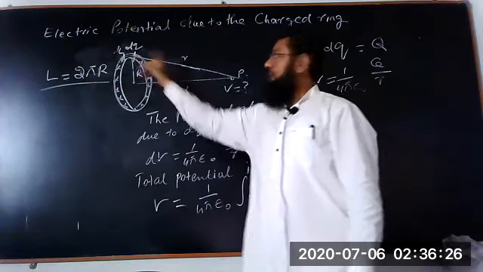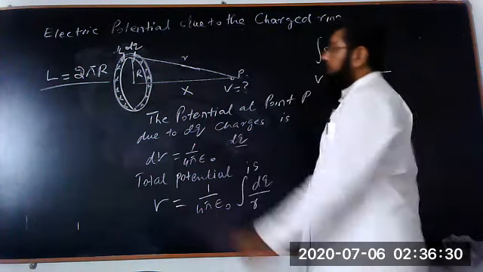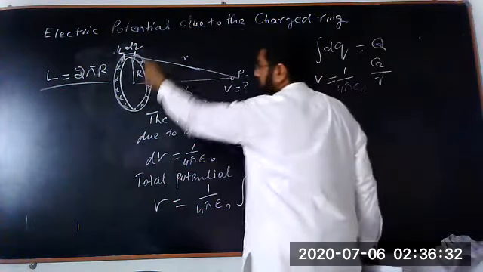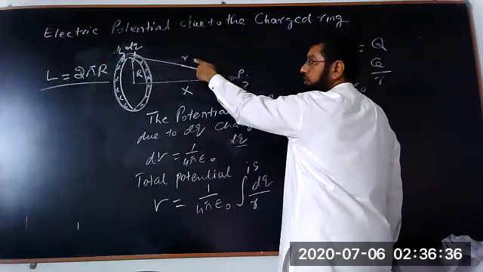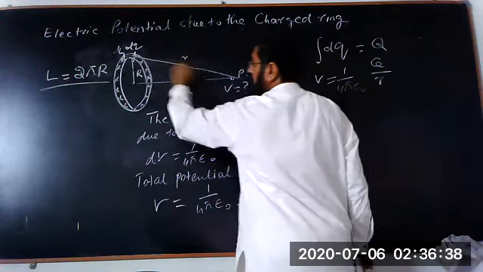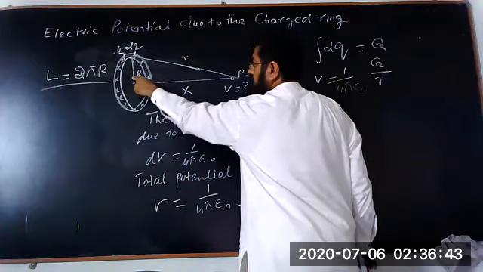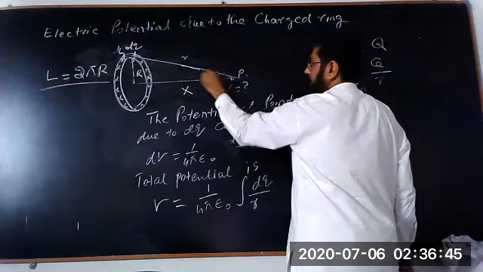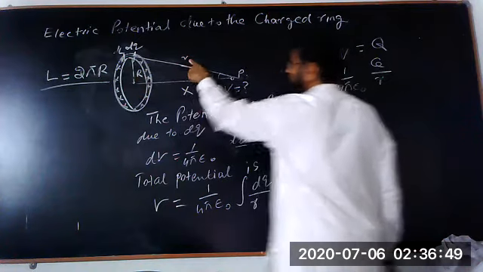So this is the triangle, and this triangle is a right angle triangle. So we have to convert this right angle triangle in which this r is the hypotenuse, this is the base, and this is the perpendicular. So this is the angle. Base square plus perpendicular square is equal to hypotenuse square.